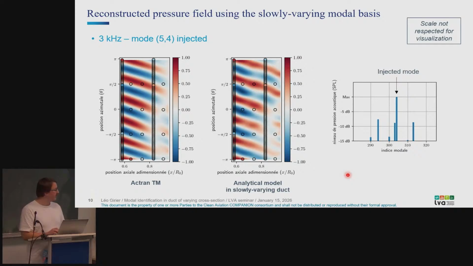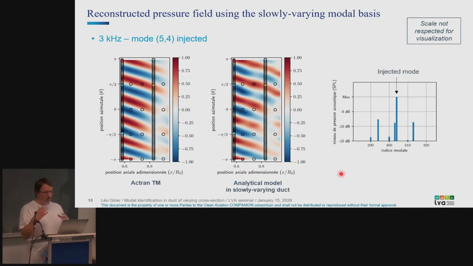What it gives us is actually the same simulated mode as the dominant mode, so that's good, with almost 10 dB difference with the other mode, but not a lot. It's quite well identified. And when you use these identified modes to reconstruct the pressure field on the whole map, you get this plot in the middle, which is quite good, qualitatively at least, compared to the original one.